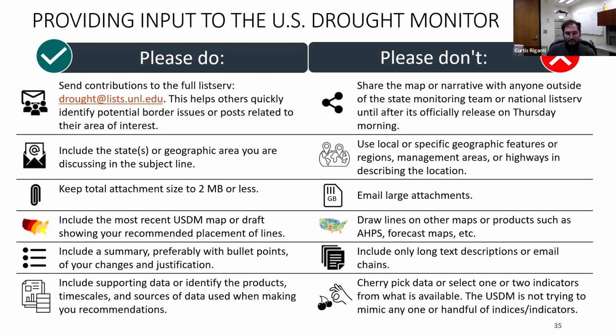And then also, if you can include a summary of what the changes are and the justification by different data sets for any changes you made, that's really helpful for us so that we can understand what types of information you're looking at, because of the attachment between the drought monitor and different percentile ranges. In turn, as drought monitor authors, when we're sending out draft maps, we're also trying to show the types of data we were looking at in different areas too. So it can be a conversation back and forth.